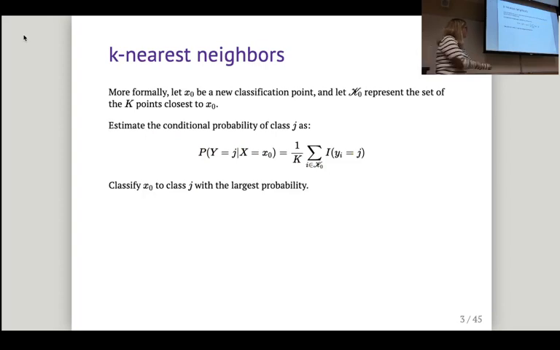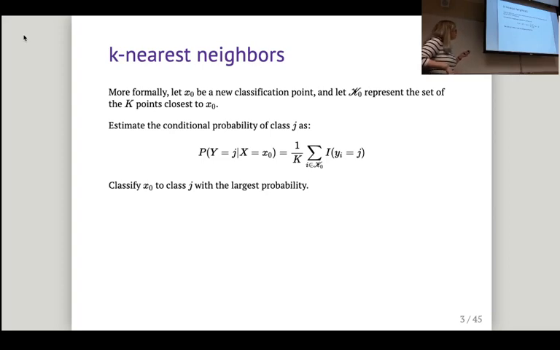Let's go through a formal statement of what this is actually doing first. So formally, notationally, we're going to let x0 be our new classification point. We'll let capital K sub 0 represent the set of the K points that are closest to that x0. So then what we want to do is come up with an estimate of a conditional probability, just like we did using a Bayes classifier.